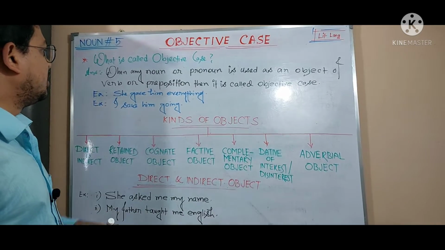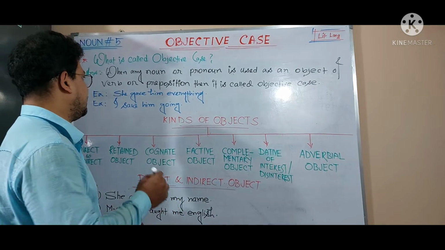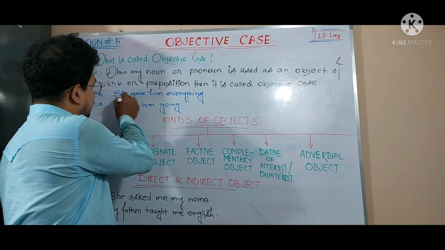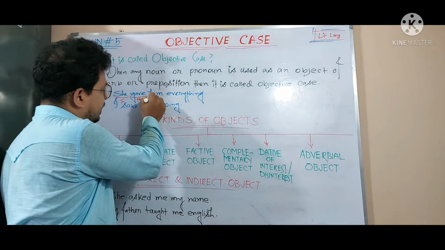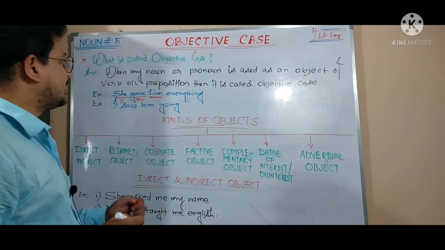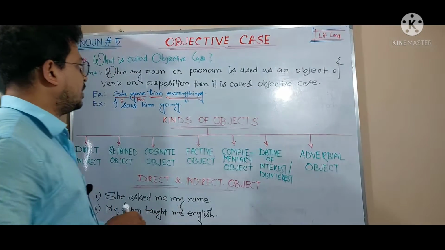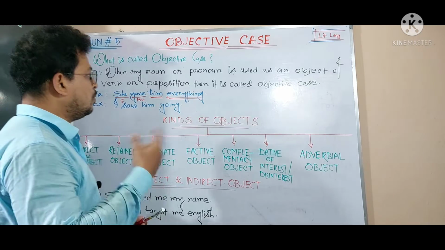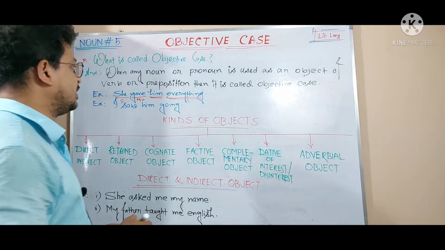Two sentences, such as: She gave him everything. Here, she is the subject, gave is the main verb. Whom has she given? Him. What has she given? Everything. So there are double objects.